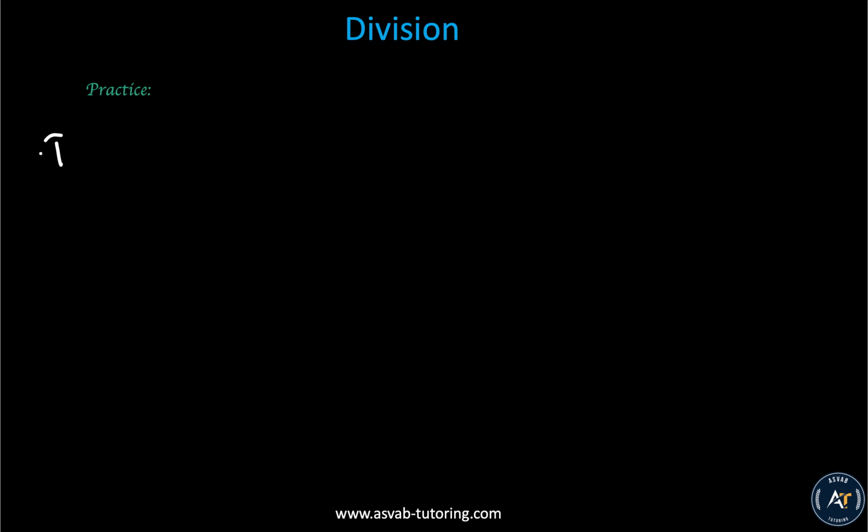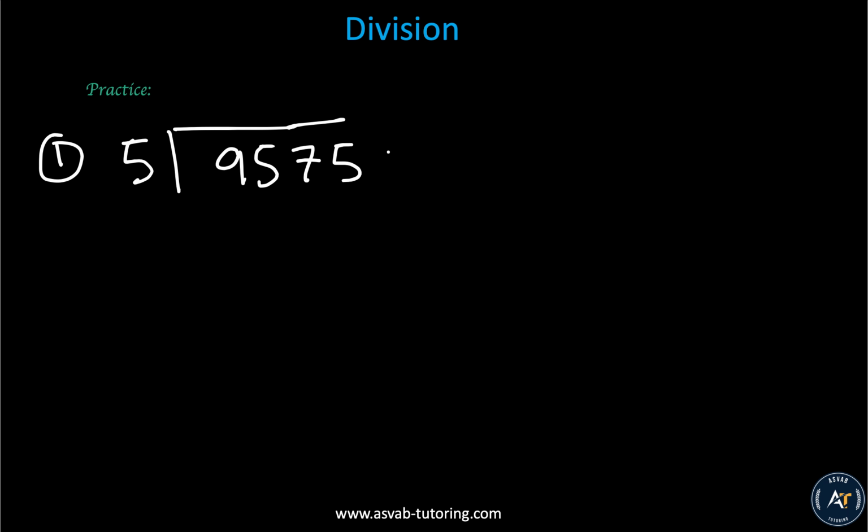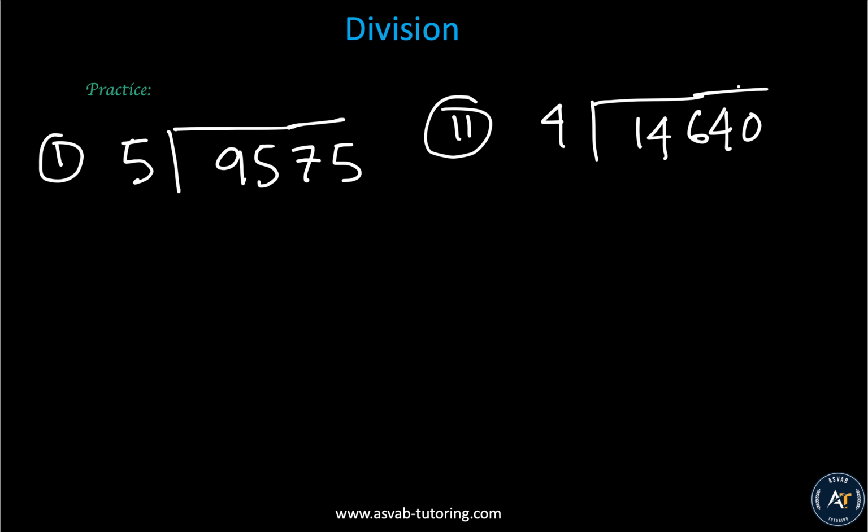So for number 1, I'm asking you to do a similar problem to the one I gave you, with 5. I have 9575. Number 2, I have 4 with 14640, right?